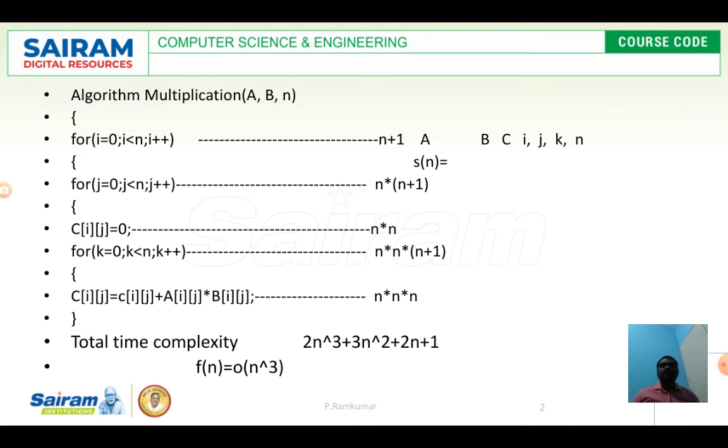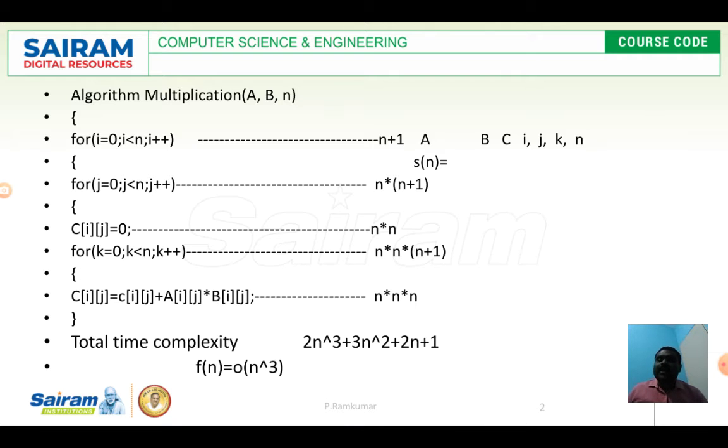For this algorithm, now I am going to tell you how to find the time and space complexity. For time complexity, consider the loop for i equal to 0, i less than n, i plus plus. In this loop, the statement i plus plus will be executed n number of times, and i less than n will be executed n plus 1 number of times. i equal to 0 will be executed 1 unit time. Each and every statement in an algorithm will be executed 1 unit time.